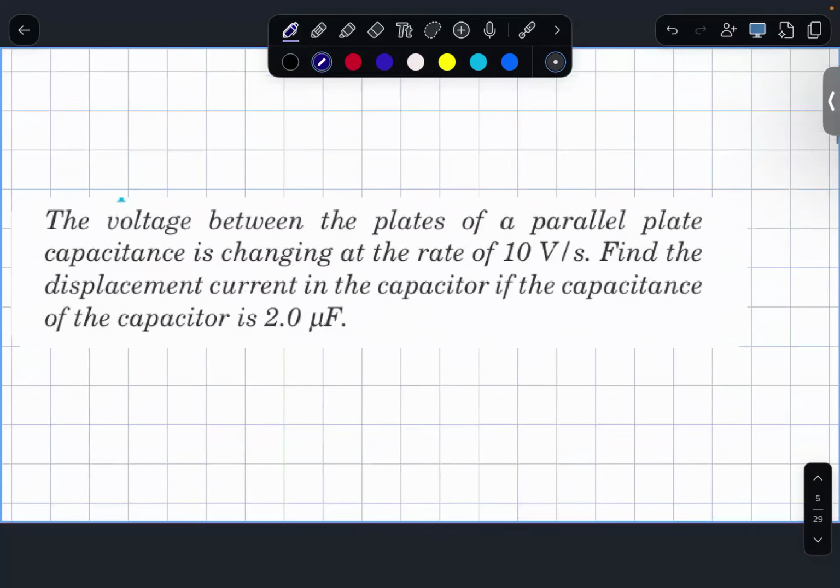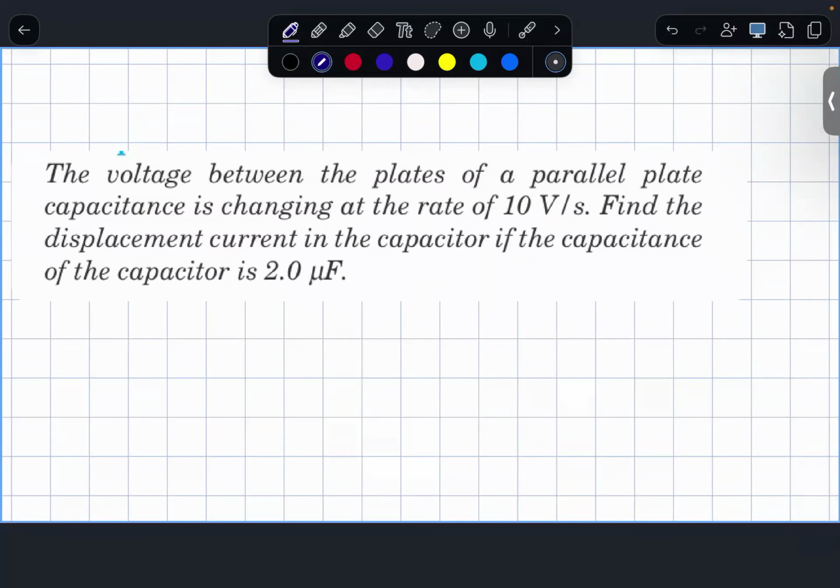The voltage between the plates of a parallel plate capacitor is changing at a rate of 10 volt per second. Find the displacement current in the capacitor if the capacitance of the capacitor is 2 microfarad. So how are they related? You know Q is equal to CV.